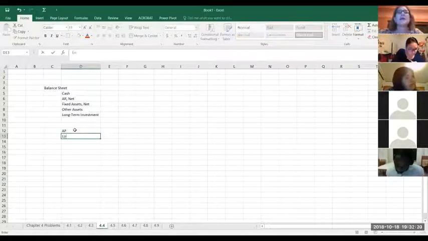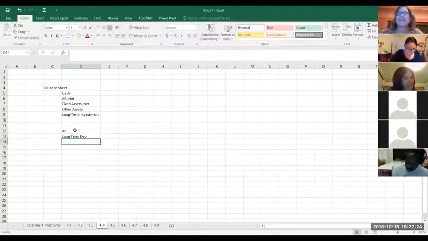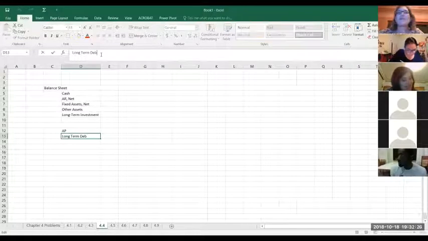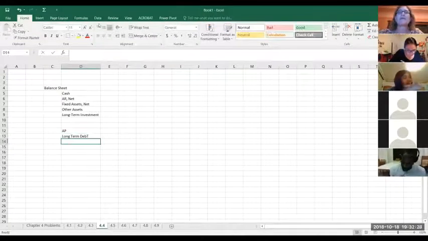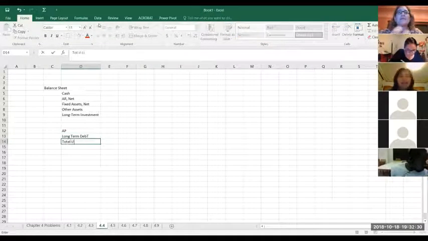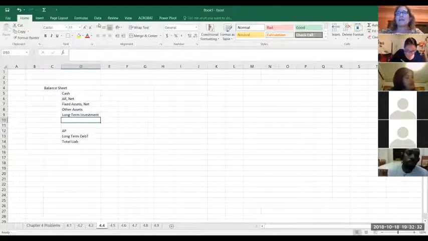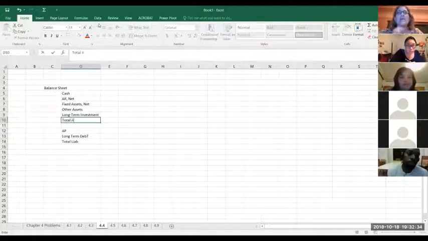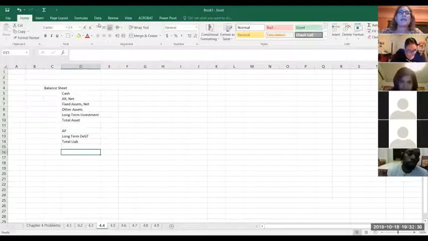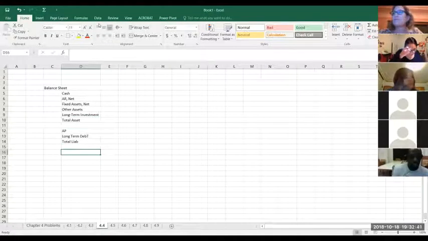Yeah, there's not much on this balance sheet, is there? Okay, great. And after that, of course, that's your total liabilities, right? And here's your total assets. And then the next thing, last but not least, equity.